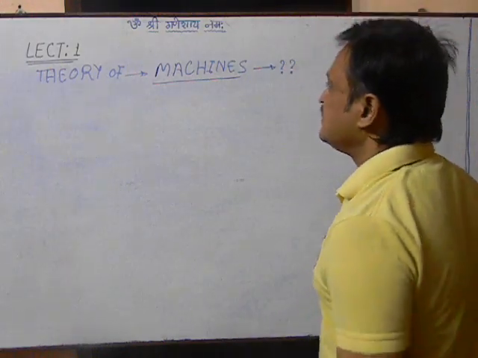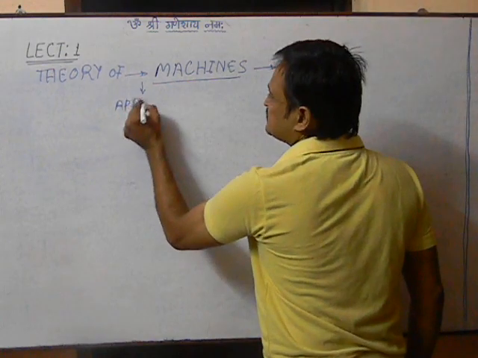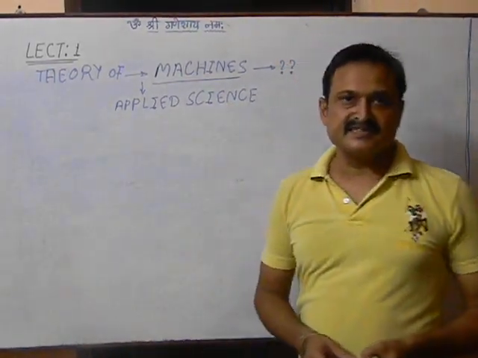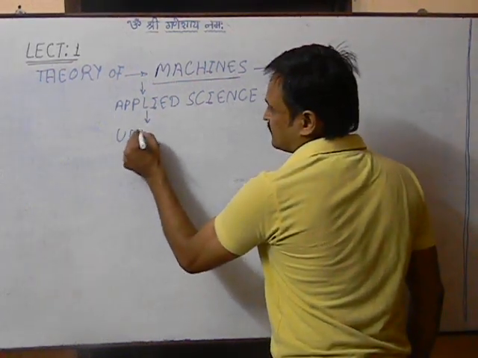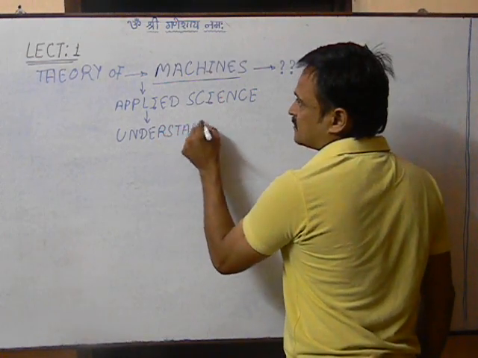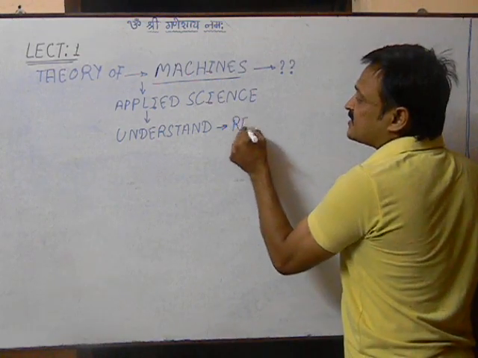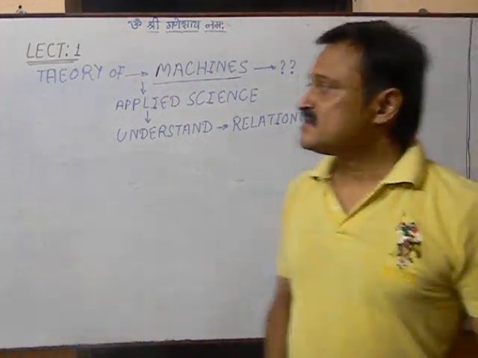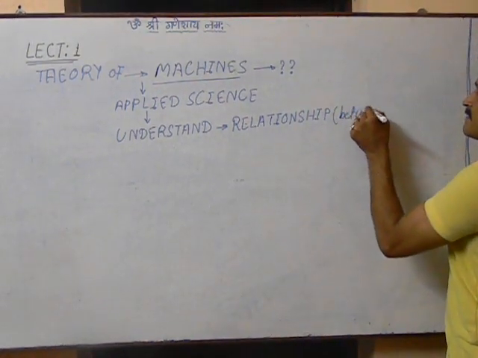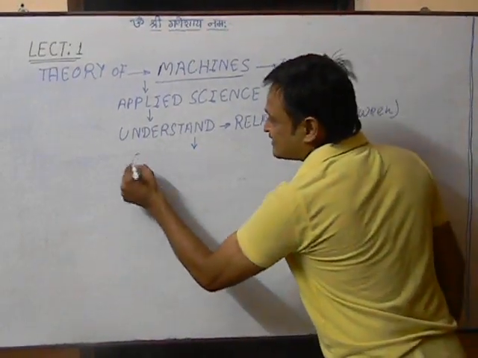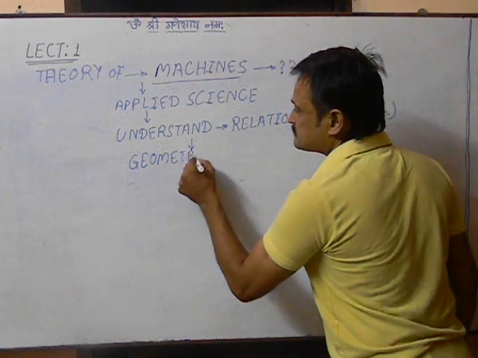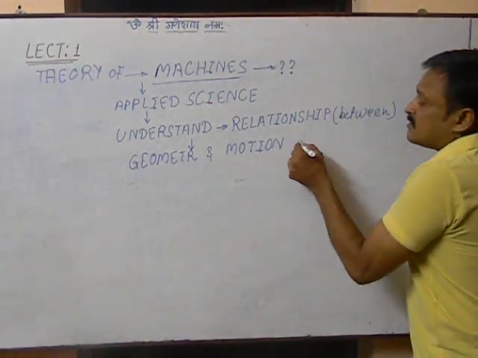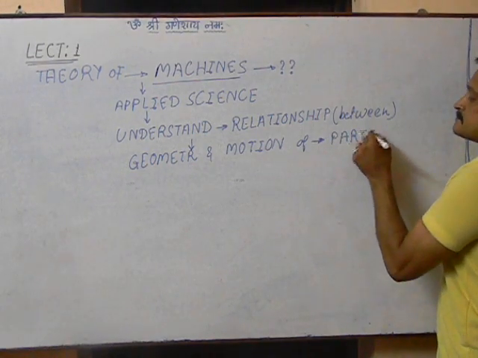Now what is theory of machines then? The theory of machines is, I can say, an applied science to understand the relationship between the geometry and the motion of parts involved in a machine.